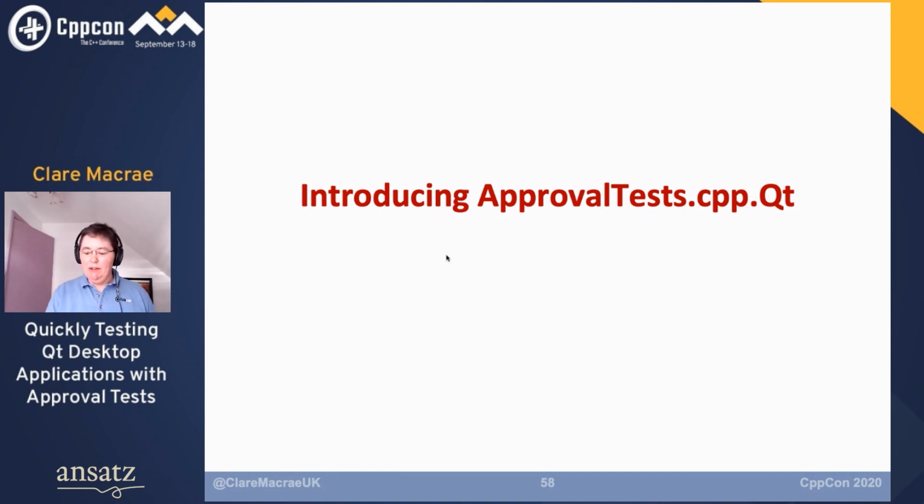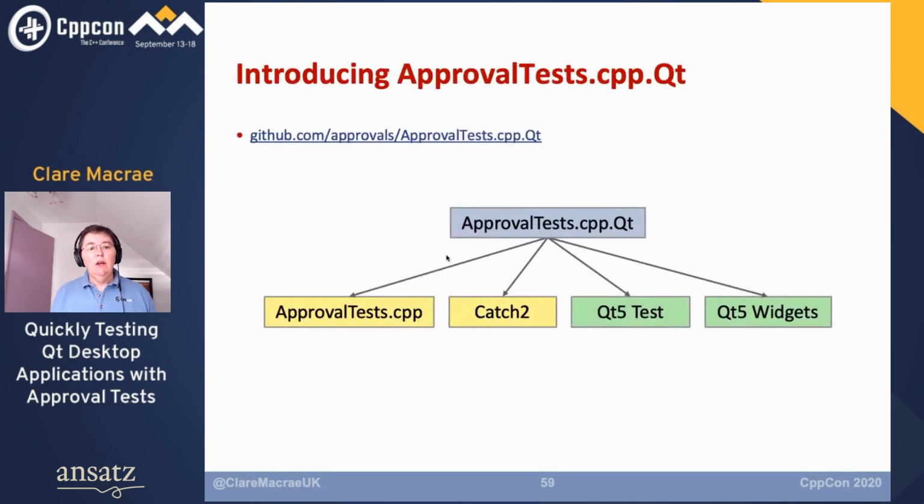The naming convention might seem curious to you, but it fits with the many other repositories in the approvals GitHub user. So this is a library that so far is built upon approval tests for C++ and Catch 2. I expect that if there's any demand, I'll add support for more test frameworks in future. You need to provide your own build of Qt 5 Test and Qt 5 Widgets.